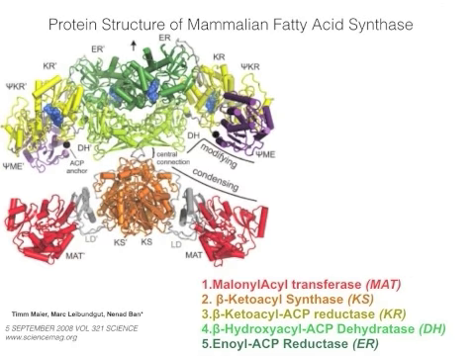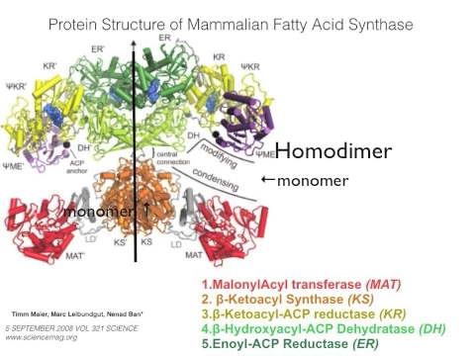Here we see the protein structure of mammalian fatty acid synthase. This is a dimeric protein that has 6 different enzymatic capabilities, 5 of which are shown here. The malonyl acyltransferase portion, abbreviated MAT, is shown in red. The beta-ketoacyl synthase, abbreviated KS, is shown in orange, and it's centrally located.